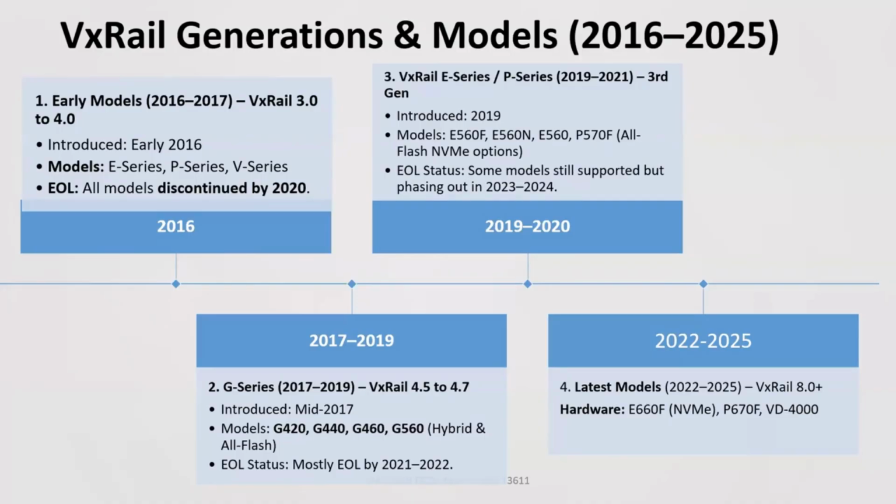So I've just given an overview of the generations. When we say VxRail, it is now in the fourth generation. When we take the Dell hardware alone, that is in the 16th generation. VxRail, which was introduced in 2016, I would say is in its fourth generation.